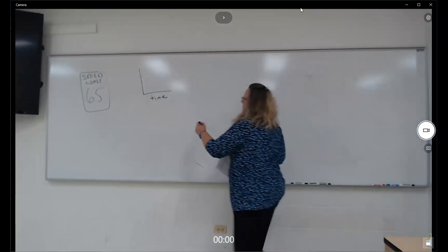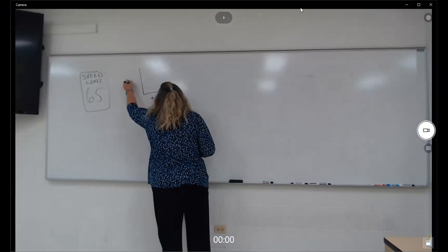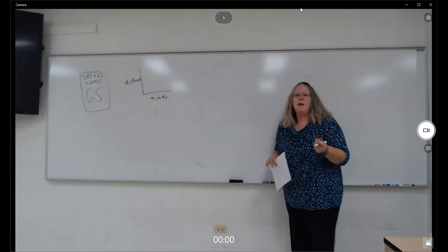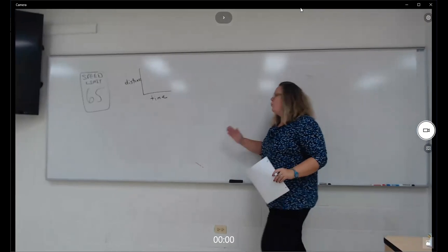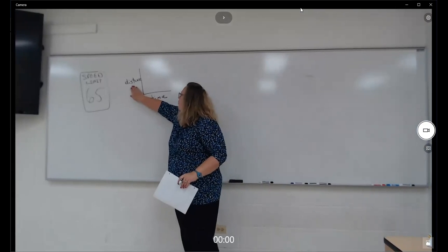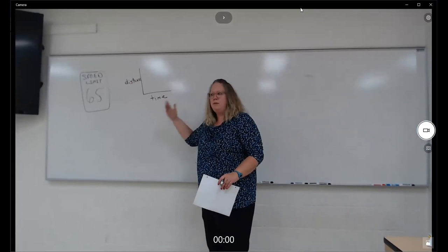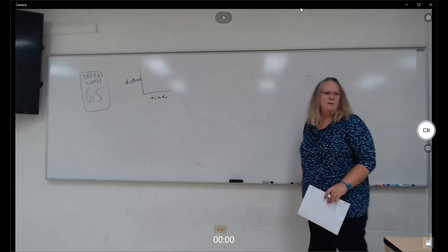Y is distance. So that makes sense, because with these two pieces of information, we'll be able to do miles per hour, and we'll be able to do a rate.